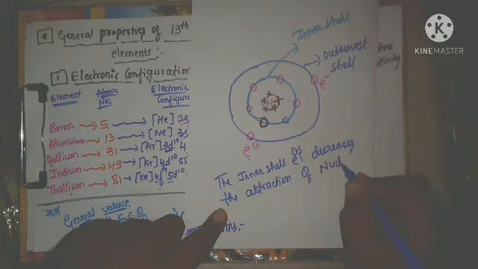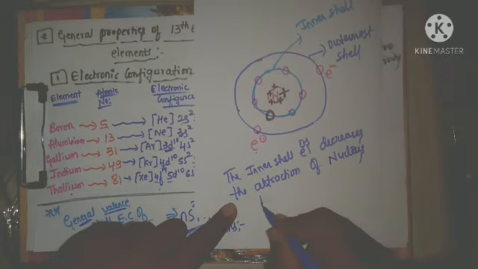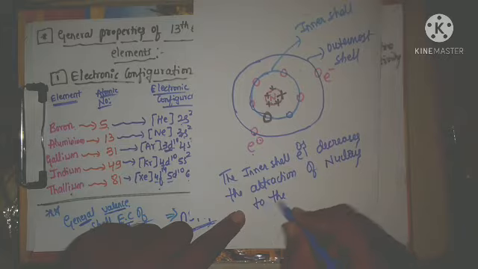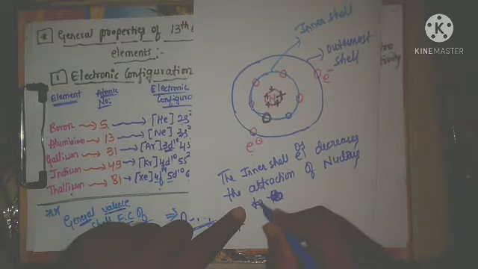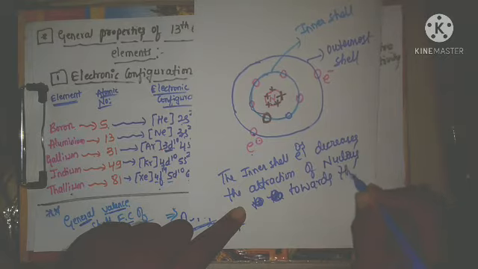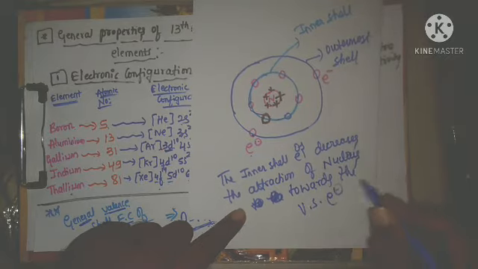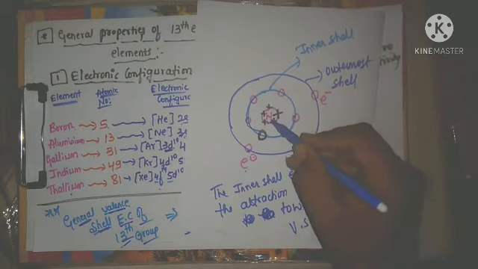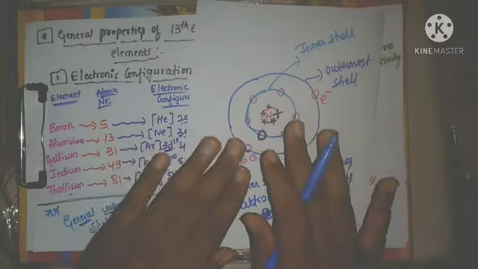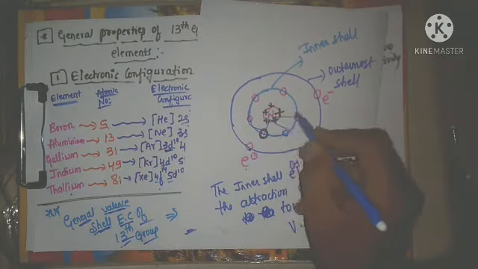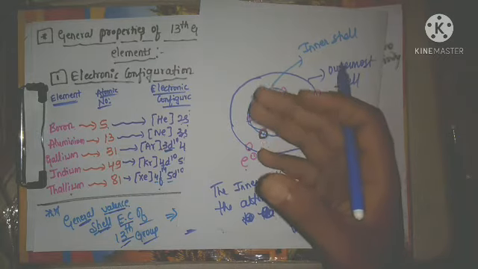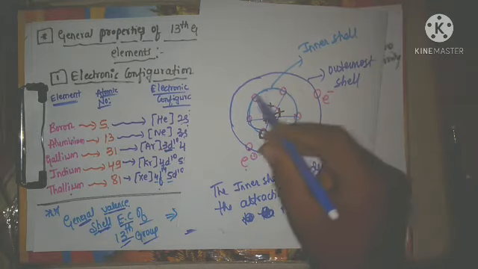Attraction of nucleus, that is positive, towards the valence shell electrons. Means because of these inner shell electrons, the nucleus and the valence shell attraction is reducing. Means almost all attraction is towards only the inner shell. This nucleus is attracting much more only the inner shell electrons.